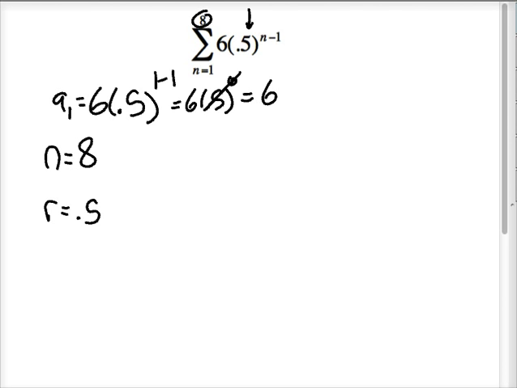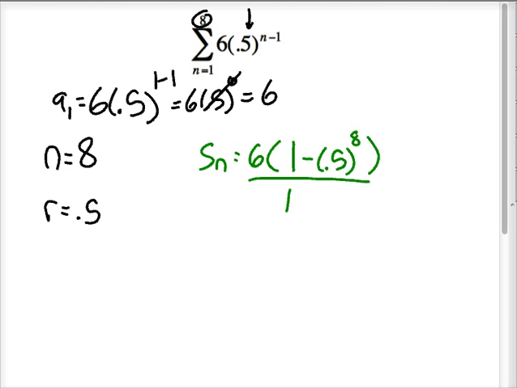All right, so let's plug all this into our summation formula. A1, which is 6, times 1 minus r to the n, over 1 minus r.